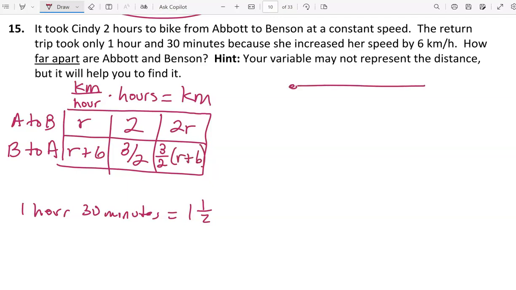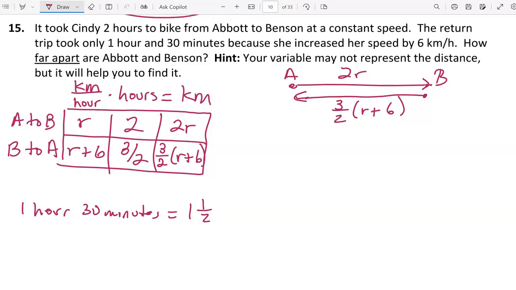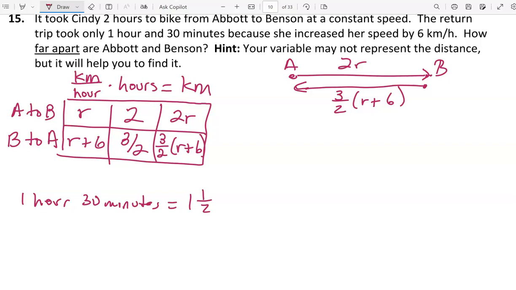And from Abbott to Benson, and then back from Benson to Abbott, are actually the same distance. You may not necessarily need to draw a diagram to see that, but I suggest that you get in the habit of doing that so that if you are wondering what's the relationship, you can see it if you make a picture. So 2 times r is equal to 3/2 times r plus 6.